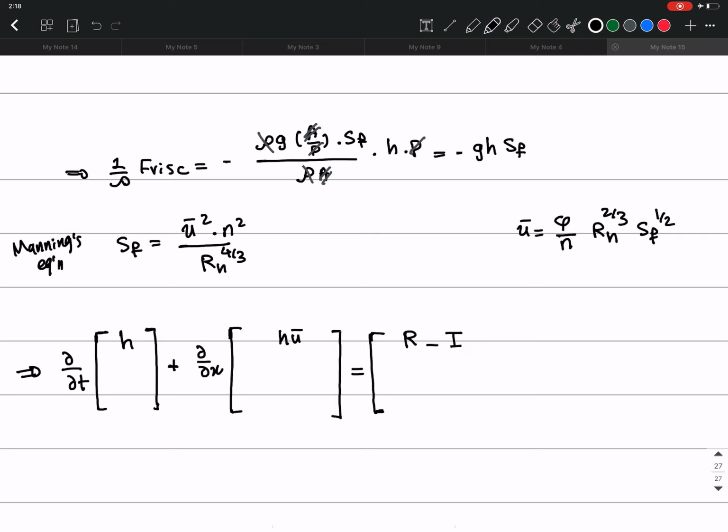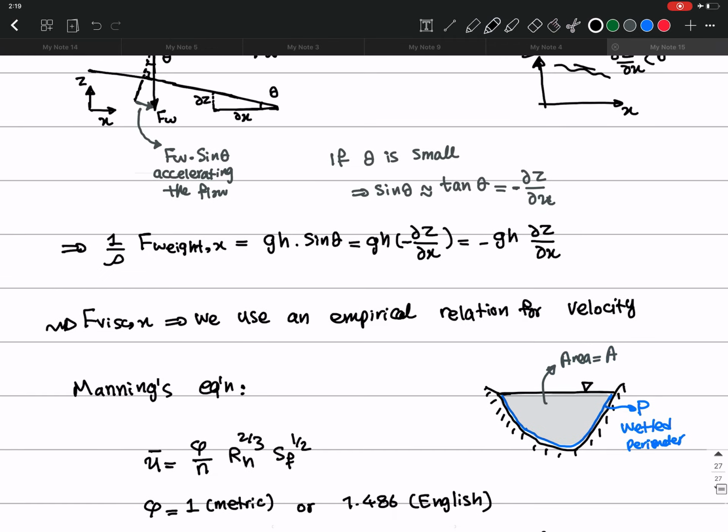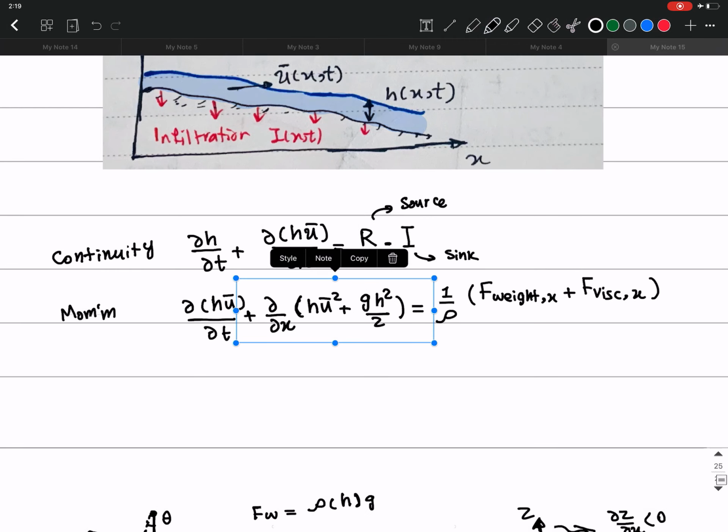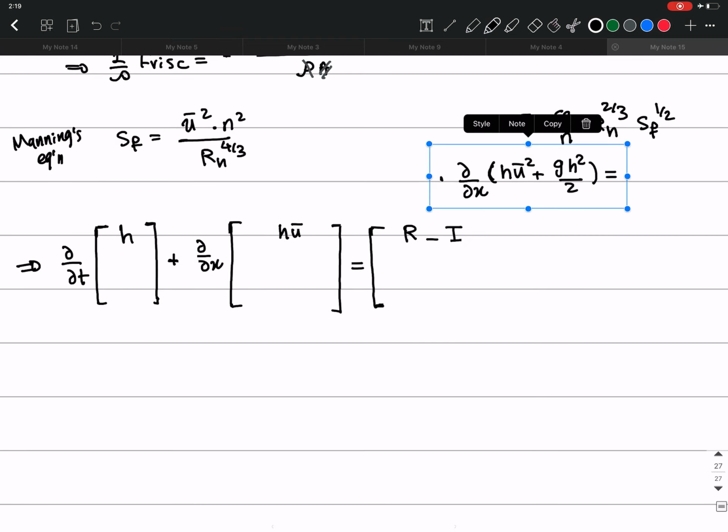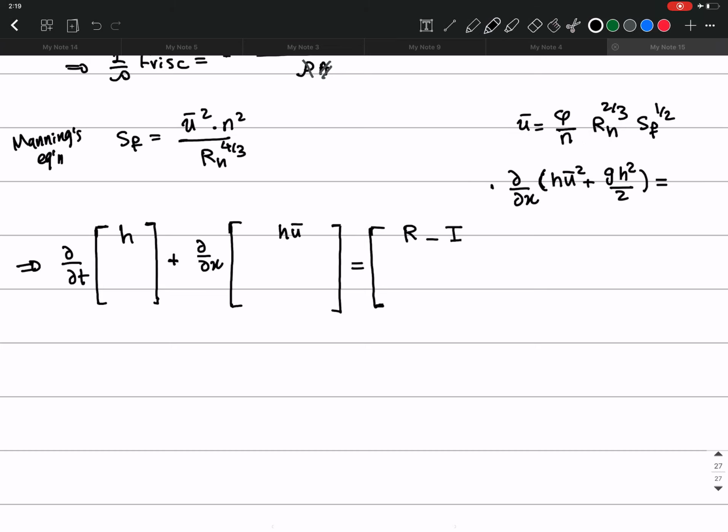So this is continuity. And then the second equation I have is partial over partial t of HU bar, plus partial over partial x of HU bar squared plus 1/2 g h squared.